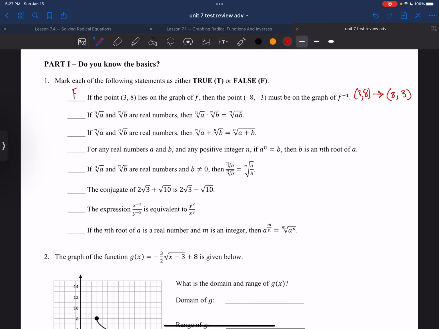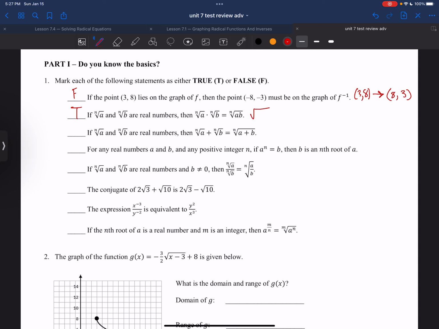Okay. If the nth root of a and the nth root of b are real numbers, then the nth root of a times the nth root of b is the nth root of a times b. True. Yes, this is true. This is the basic fact that I can say, hey, we've done this before, right?